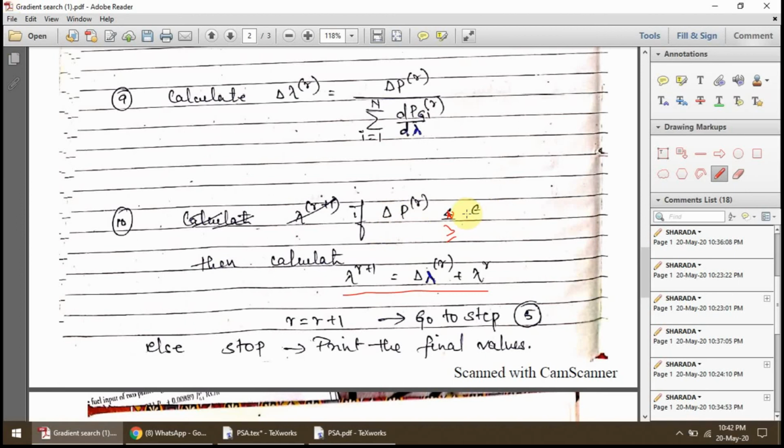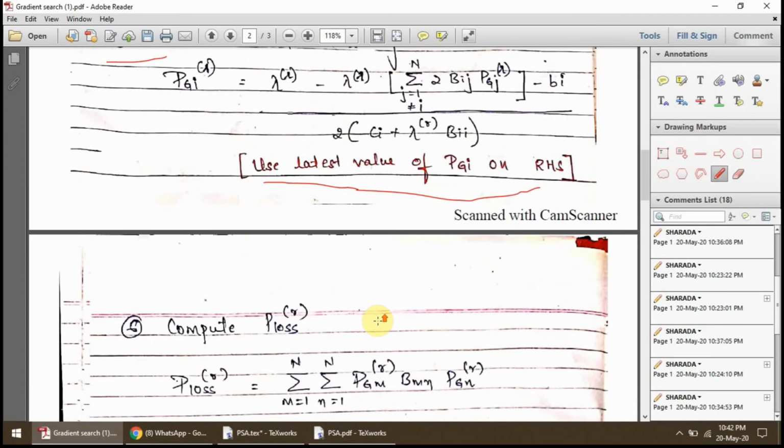If delta P of R is less than epsilon value, it means that we have reached the desired accuracy level. So we don't have to go for next iteration and we can stop there. But if it is greater than epsilon value, then we need to update the lambda value using this expression, and we will go for the next iteration and we'll start again from step number 5.